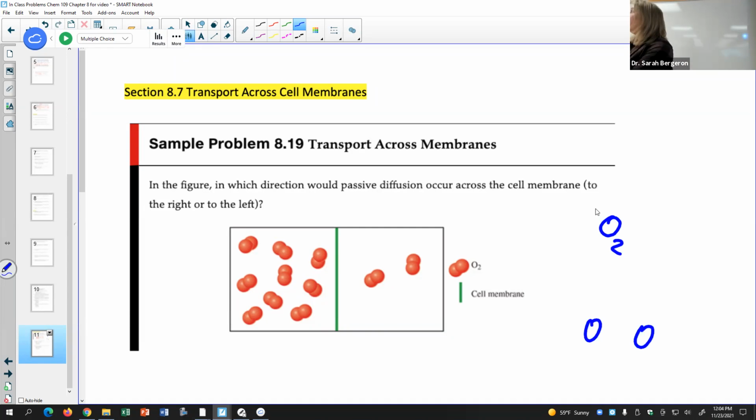How many valence electrons in oxygen? 6. So how many bonds is it going to make to form an octet? 8, right? So now we have 2 lone pairs, and usually we draw them this way.